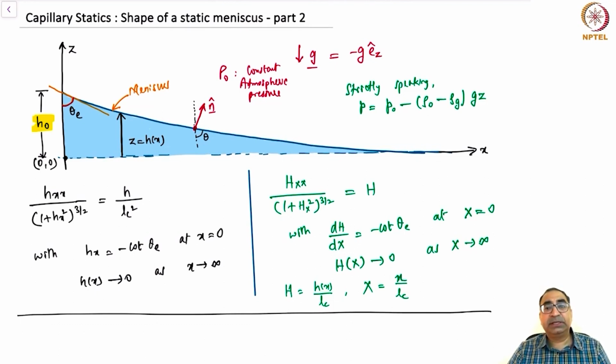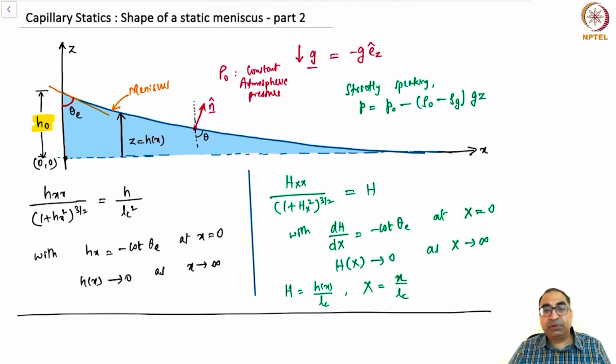Can we explicitly integrate this nonlinear ordinary differential equation to get the shape of the meniscus? Is there a simpler alternative? Instead of integrating this equation directly, can I come up with a simpler expression, because this is a nonlinear equation after all? We want a linearized version of this equation, sometimes because it may shed some insight into the shape of the meniscus.